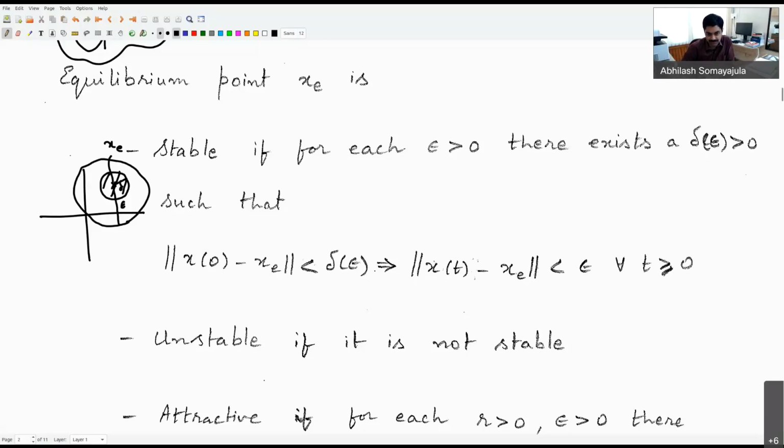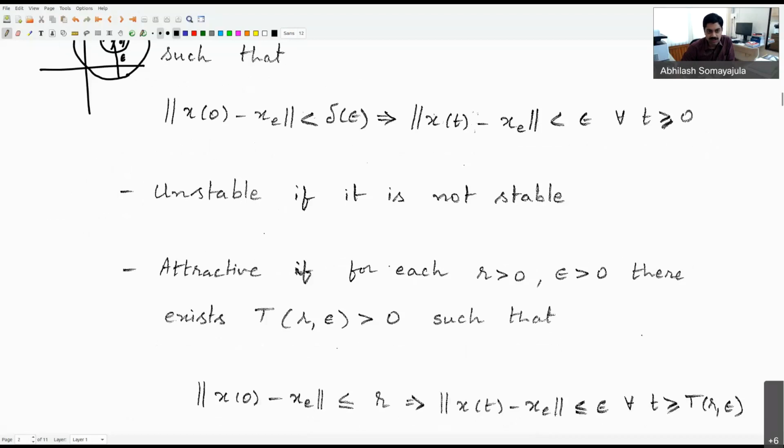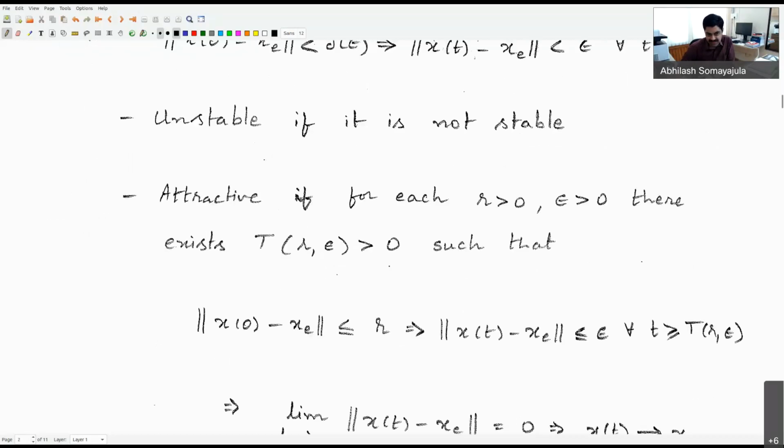Our equilibrium point is called attractive.